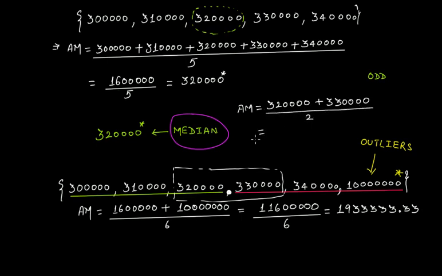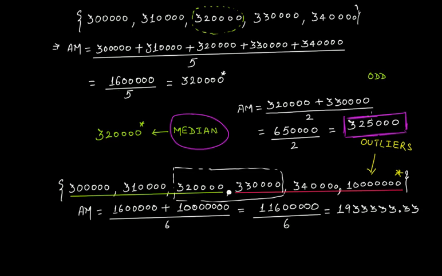If you calculate it, this will be 6 lakh 50,000 divided by 2, and if you solve it, this will come 3,25,000. Now look at this value, the median value.